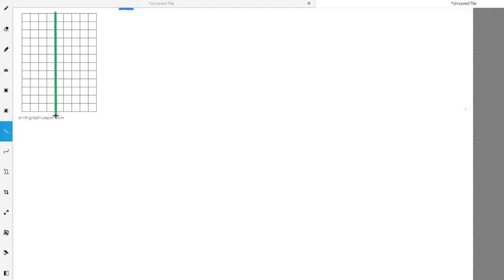I'm going to draw an x-axis and a y-axis. And this is going to be y, and this is going to be x. And we have a charge at the origin that's 2 microcoulombs.